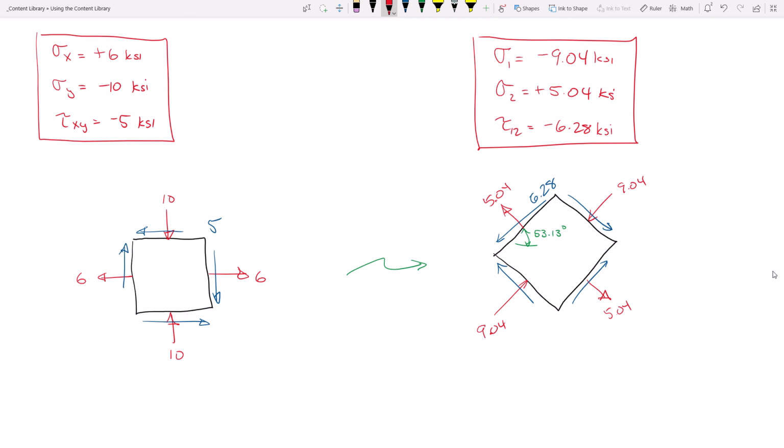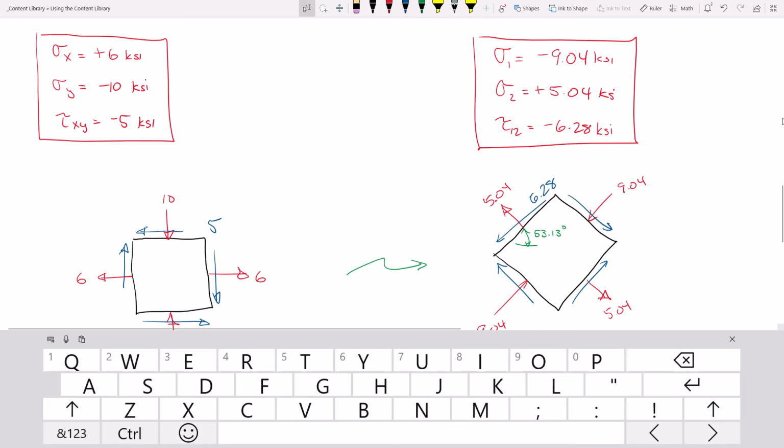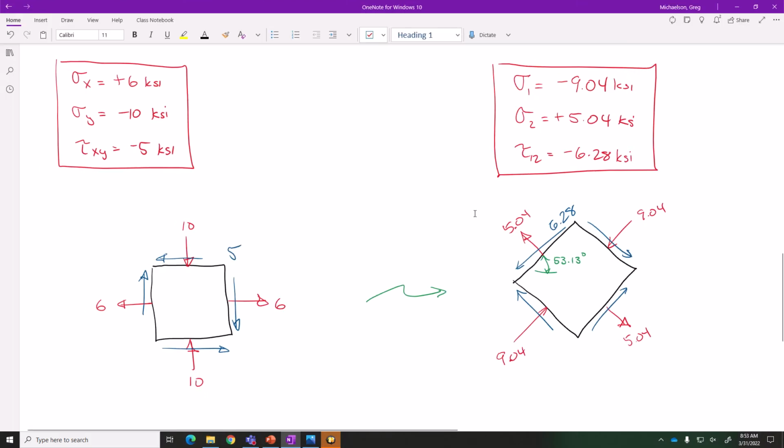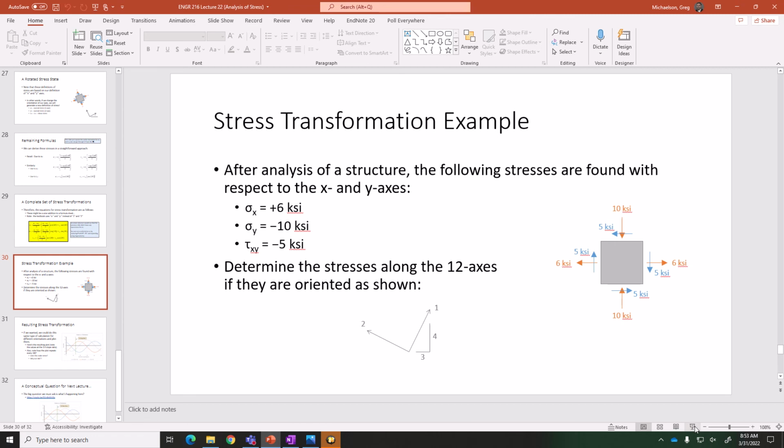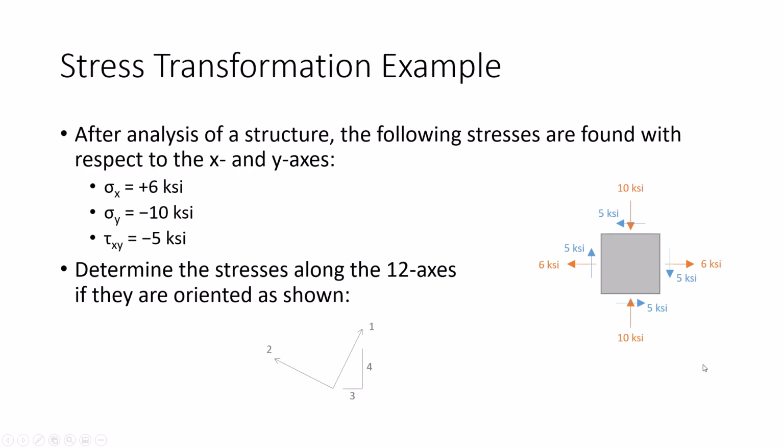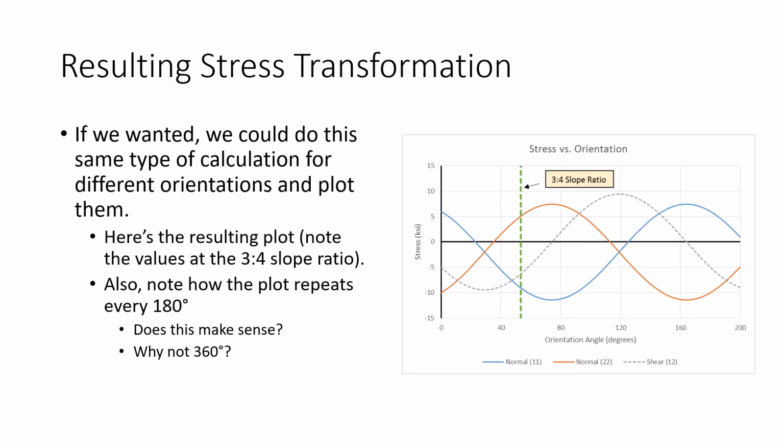I want to show you something. I want to look at this. This is the problem we just did, done doing the transformations. So, what do I mean? Look at this. So the blue is the normal. That's 6, this is minus 10, that's minus 5, right?